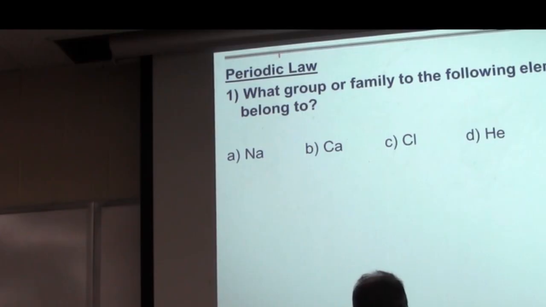It's also called the alkali metals. Next, what is the group? 2A, alkaline earth metals.